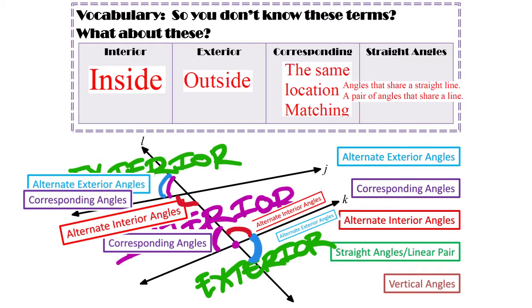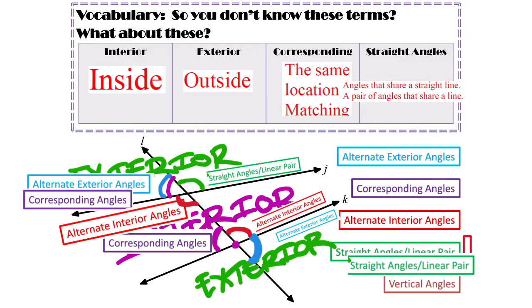So next up, we've got straight angles or linear pairs. Again, it's just any two angles that make up a straight line, right? So I just need to find any straight line on this. I haven't used this angle yet, so I'll use the exterior so it matches in green, not that it has to be exterior. This angle right here can be straight angles with this one right here.